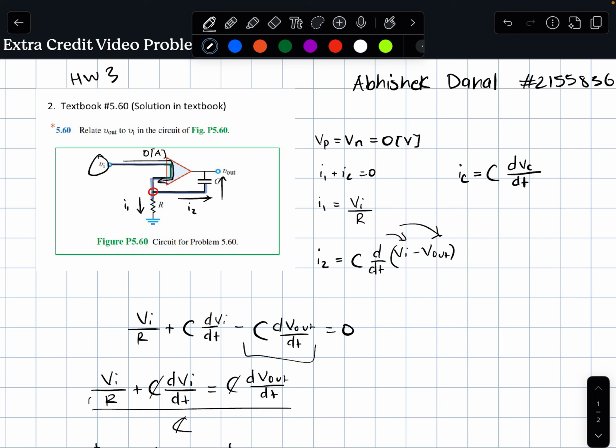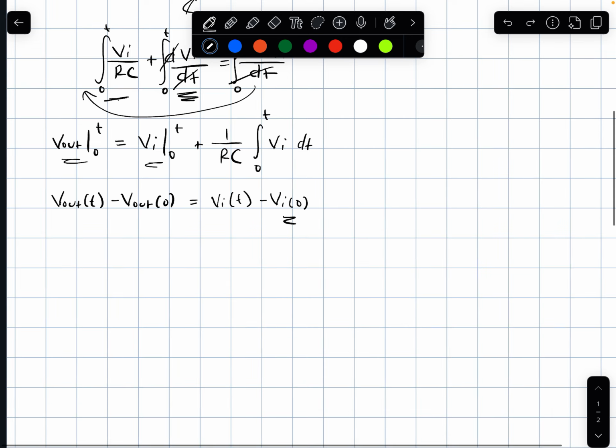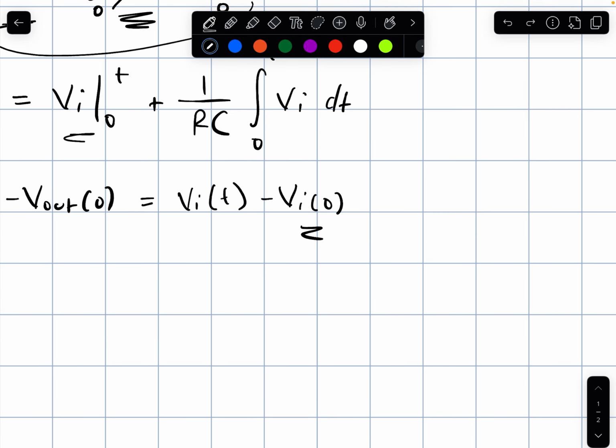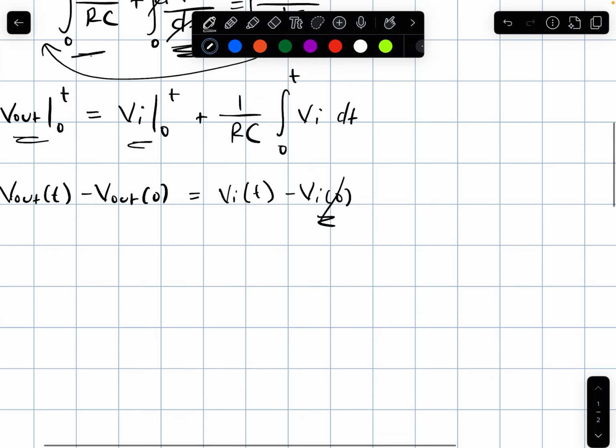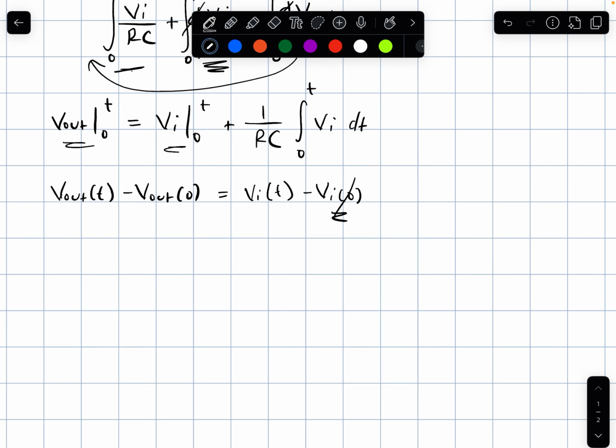You only supply Vi after t equals 0. So at 0, there's no voltage coming from it. So we don't have to include that. And so that's 0. And then this part is just plus 1 over RC times the integral from 0 to t of Vi dt.